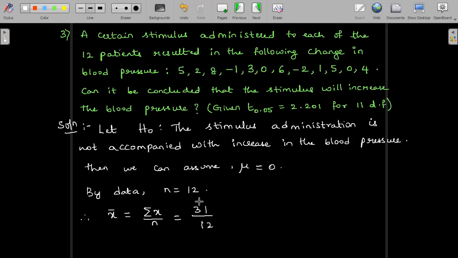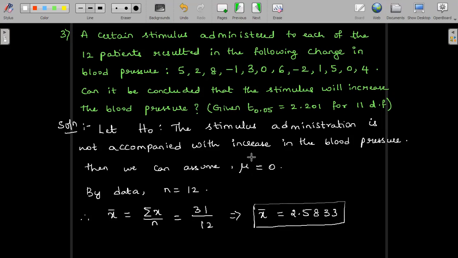So sum of all x values is 31, n equal to 12, and hence x bar is equal to 2.5833.